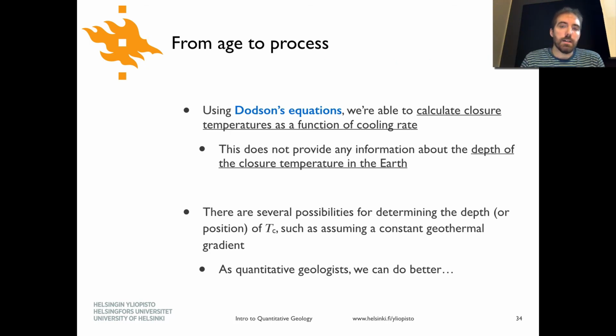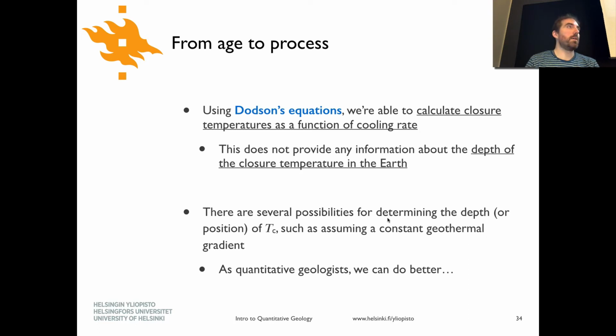And with this equation, we have the closure temperature, and we can calculate the closure temperature as a function of the cooling rate, but that doesn't necessarily tell us about any kind of tectonic or erosional process. So we have to have some way of relating this closure temperature to some depth in the Earth if we want to start talking about rates of processes.